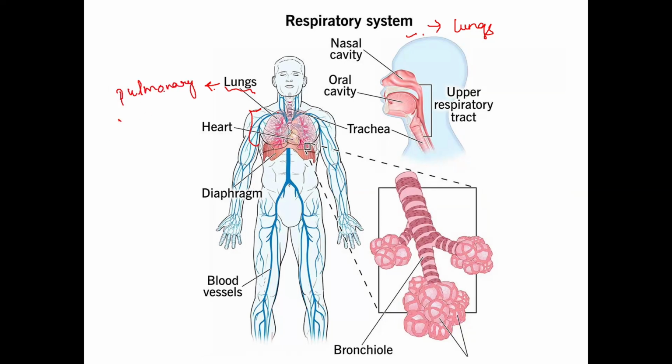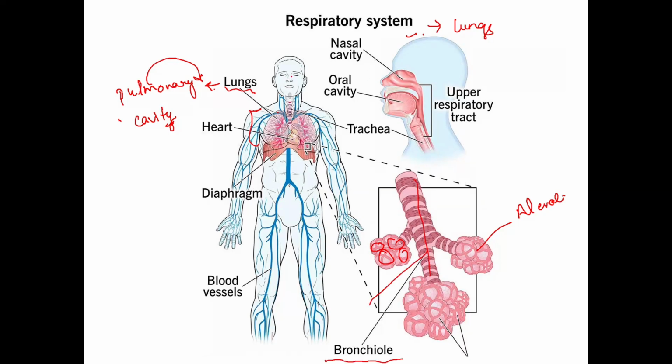The word pulmonary is for lungs, right? So lungs are located in the pulmonary region or thoracic cavity. The lungs are composed of tiny sac, bag-like structures called alveoli. These balloon-like structures are the alveoli, and the branches leading to them are called bronchioles.